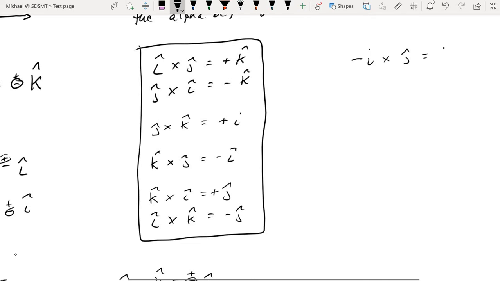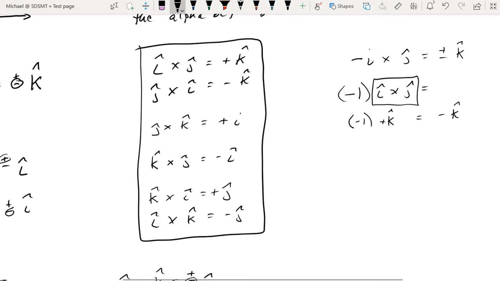Well, algebraically, the only thing that's happened is we've multiplied our I hat component by a -1. And we already know what happens when we get I hat cross j hat. We get a positive k hat. But now, waiting out front is a -1. And what is that -1 going to do to our positive k? Well, it's going to turn it into a negative k hat. And that is purely a result of the algebra.